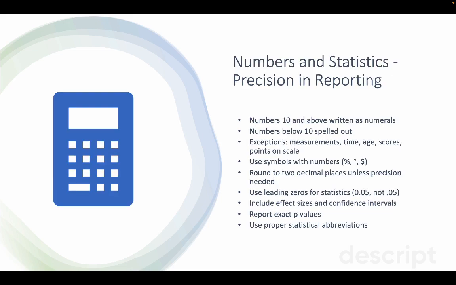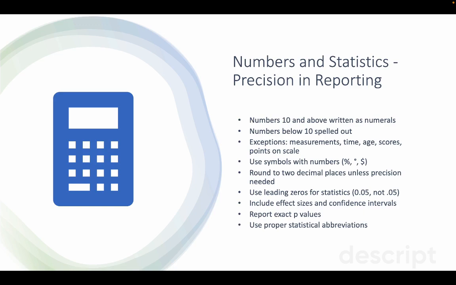Numbers and statistics, precision in reporting. Numbers 10 and above are written as numerals. Numbers below 10 are spelled out. Some exceptions include measurements, time, age, scores, and points on scale. Use symbols with numbers.